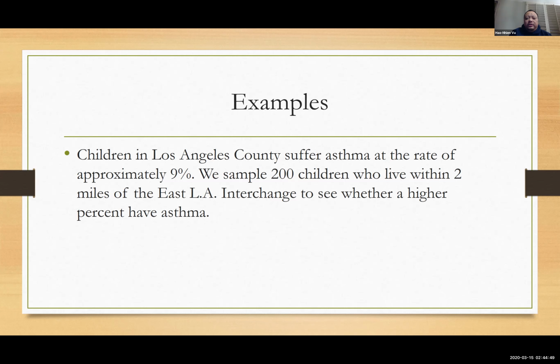Children in Los Angeles County suffer asthma at the rate of approximately 9%. We sampled 200 children who live within 2 miles of the East LA interchange to see whether a higher percent have asthma. The East LA interchange is a huge highway crossing system in East LA where several freeways come together.